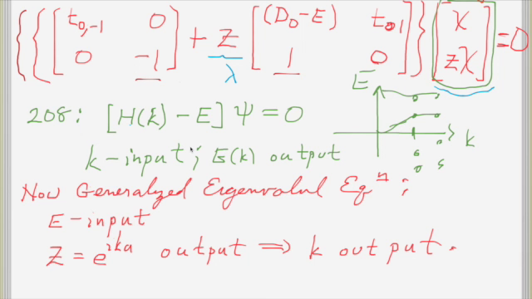And so what that means is that for our generalized eigenvalue solver, you choose an E. So I've chosen E, and now usually what people do is you have real K on one side of the axis and imaginary K on the other.